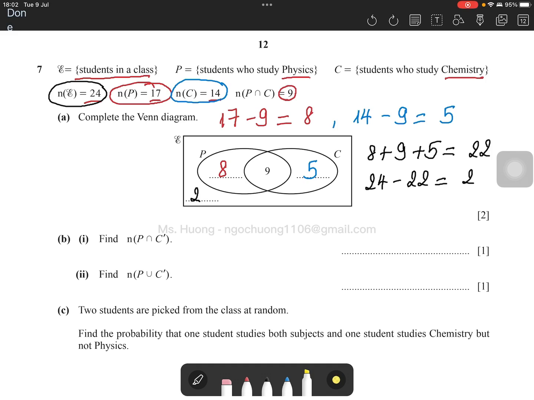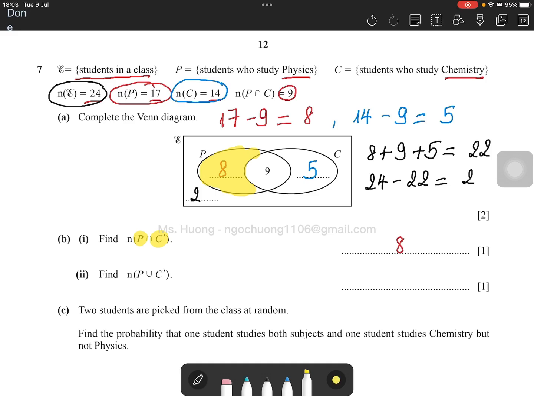Question B. Find n of P intersection not C. This means we need to find the elements in P but not in C, which means this section. There are 8 students in this section, so we say that this set has 8 members.